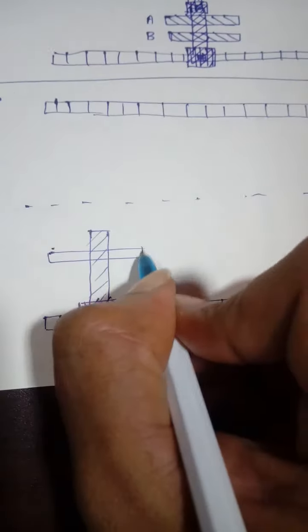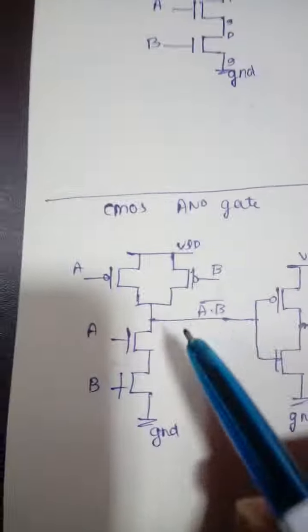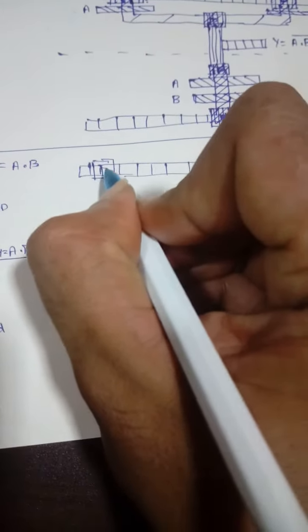This is metal and N plus, and we will cross two polysilicon layers, naming them as A and B, right? This is nothing but these two transistors, and the pull-up transistors I'll just do quickly by using two parallel paths. So this is metal and P plus, and even this is metal and P plus.